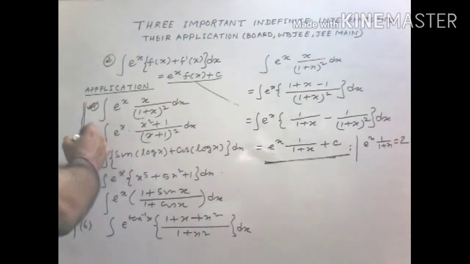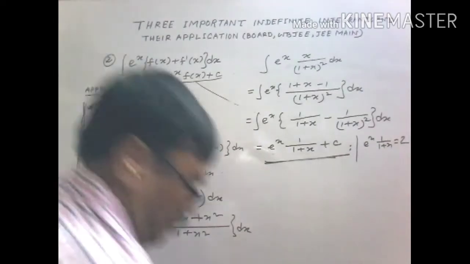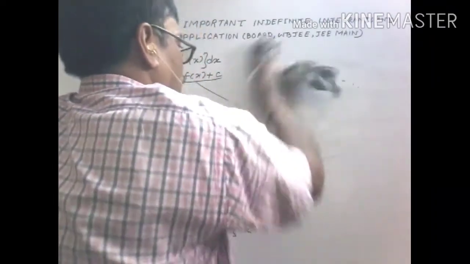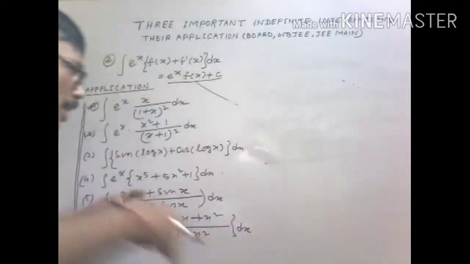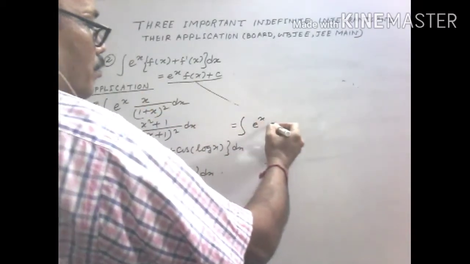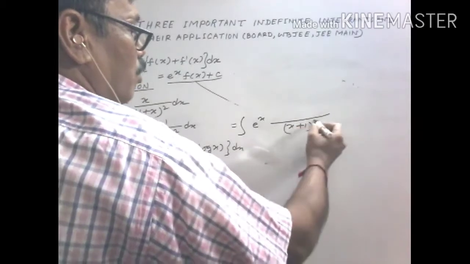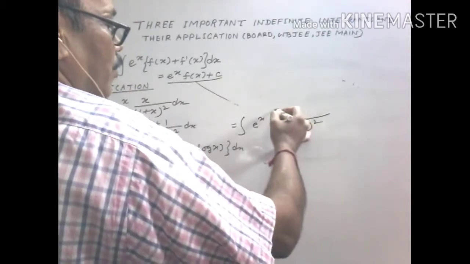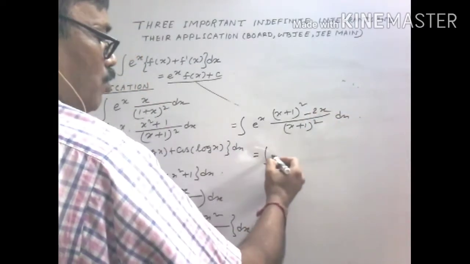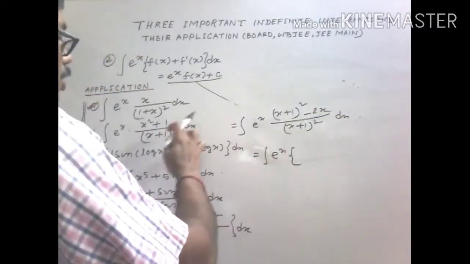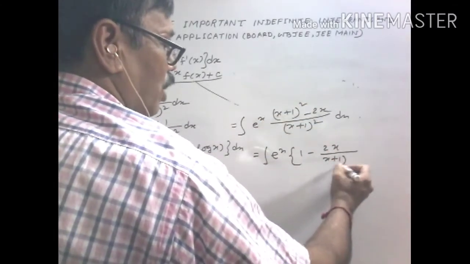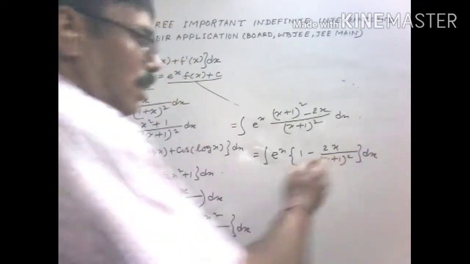Now the second one is also the same kind of problem. So x square plus 1. You have to express it, look at one step. The denominator is x plus 1 whole square, so this can be written as x plus 1 whole square minus 2x. So e to the power x, two parts; this and this cancel out, leaving 2x by x plus 1 whole square dx.